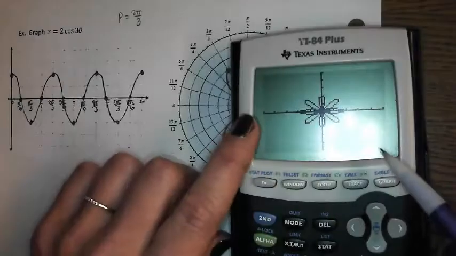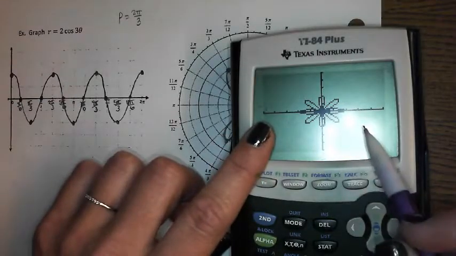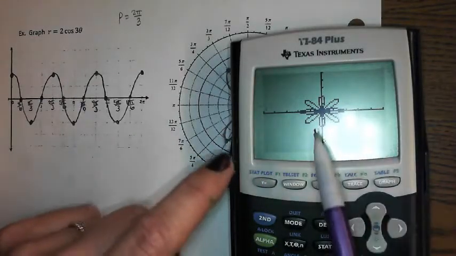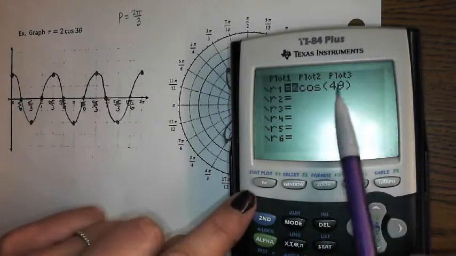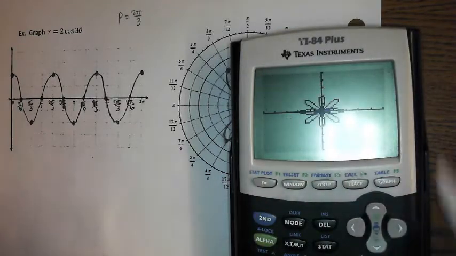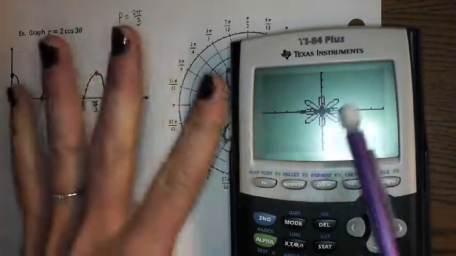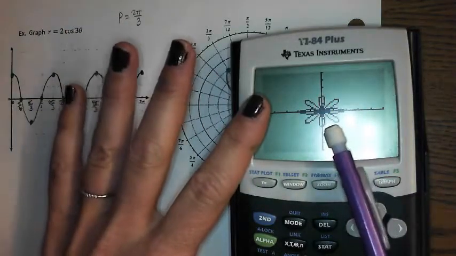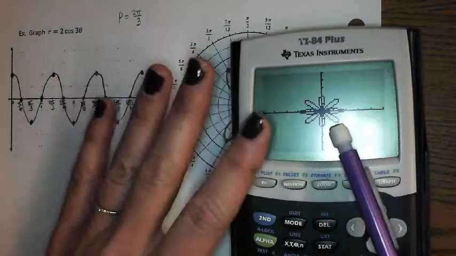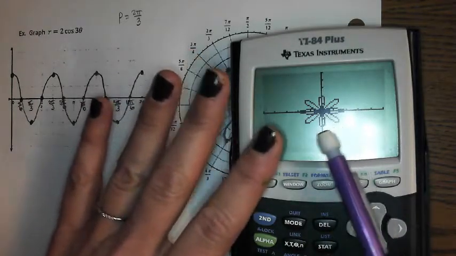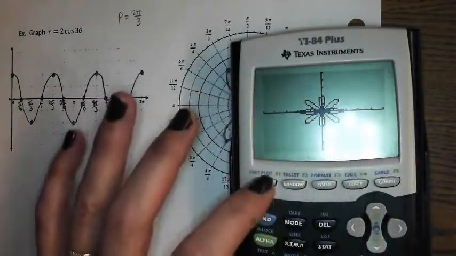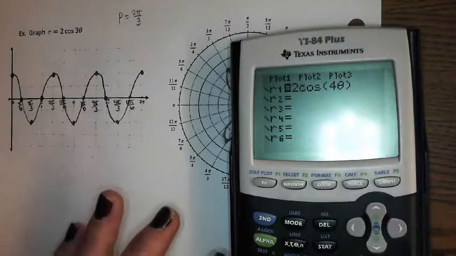I got a question for you. What's the difference between this 2 cosine 4 theta and 2 sine 4 theta? Get a good look at that. I'm not going to do them on the same graph at the same time because it would just be mass chaos. But I'm going to change this to a sine.